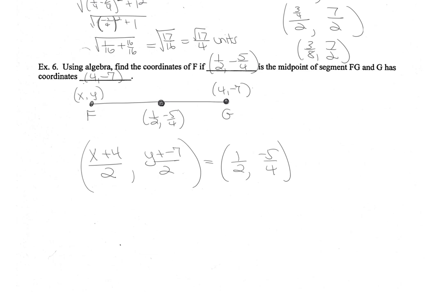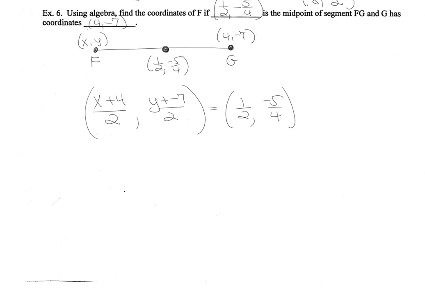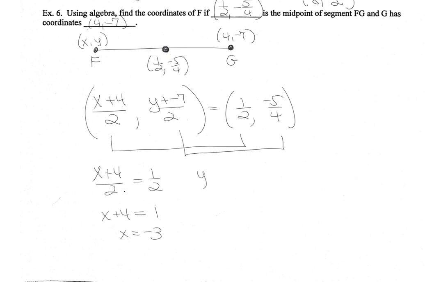So from there, I can use algebra and just show the x coordinate equals the x coordinate. And if I multiply both sides by 2 to get rid of the denominators, we can then solve and get x equals -3. And then I can set the y coordinate equal to the y coordinate. So y minus 7 divided by 2 equals -5/4.